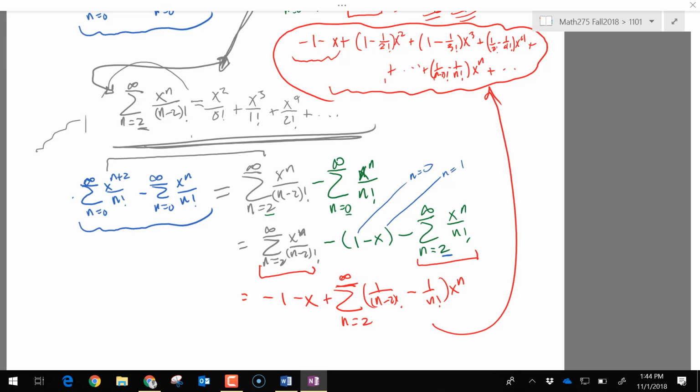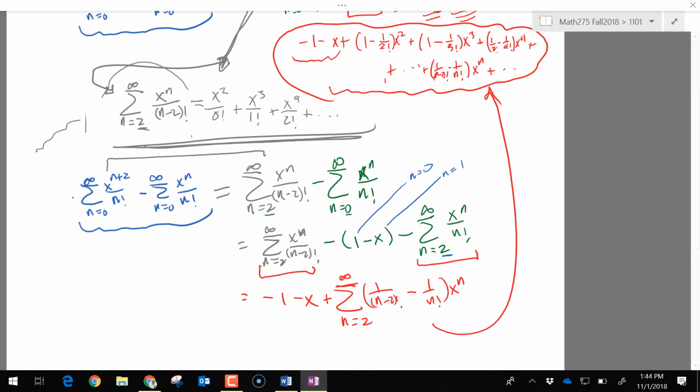Unless you write small. Yeah. Write out the terms, shift the indices so that they align, combine them, and then try to figure out what your y is. All right?